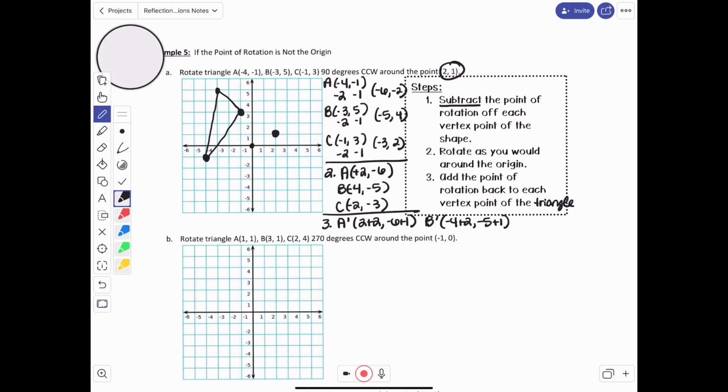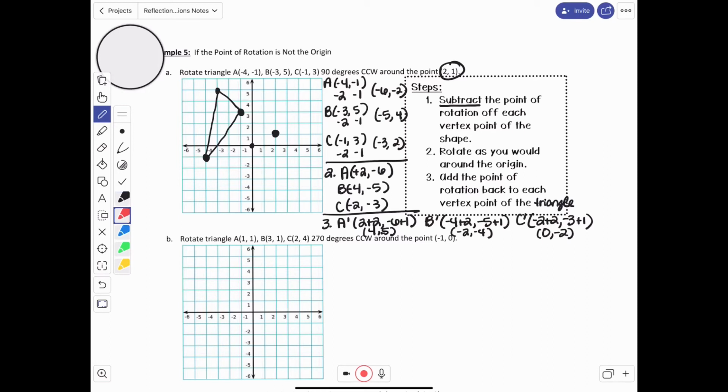And for C, I would do -2 plus 2 and negative 3 plus 1. So my new A would be 4, negative 5. My new B would be negative 2, negative 4. My new C would be 0, negative 2.